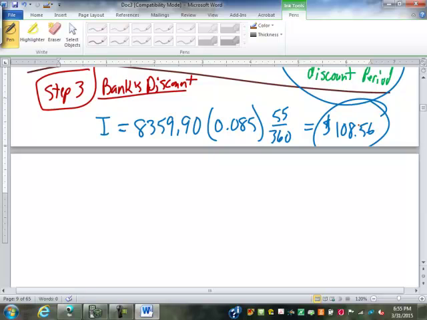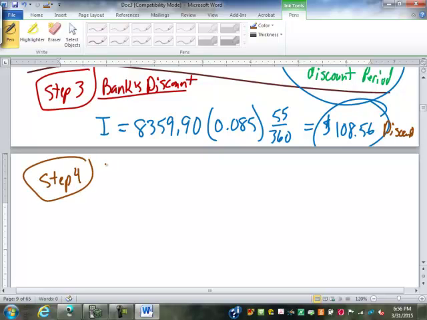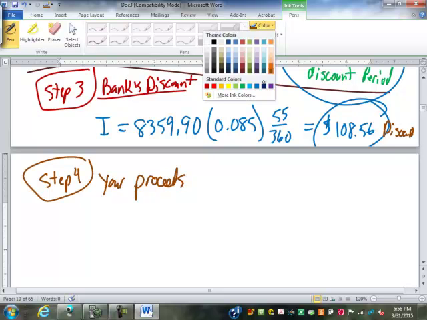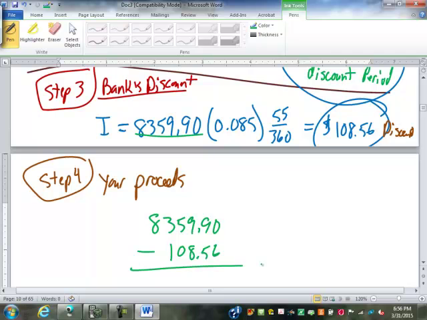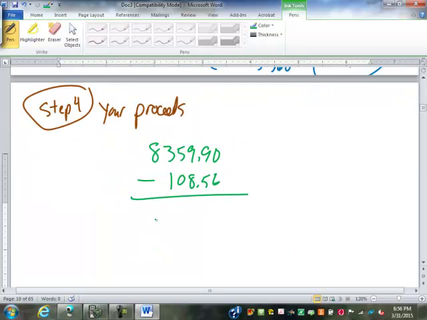Does this one get added or subtracted by that? That is the discount, by the way. Yes, in step 4, we're going to find the bank's, or your proceeds. The way that is found is you take the maturity value of the original note, $8,359.90, and you will subtract that discount of $108.56, which is going to give you $8,251.34.